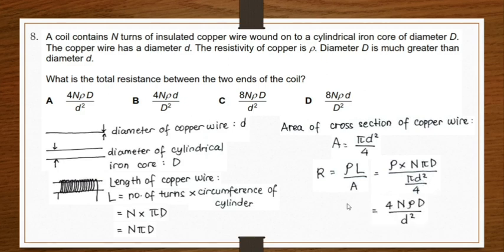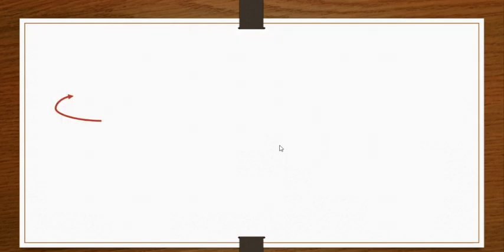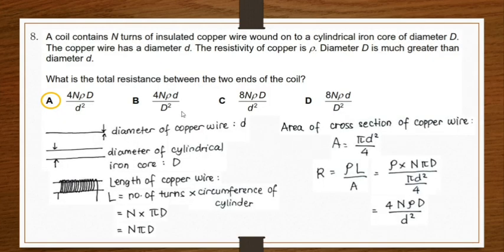So R will be equal to 4 N rho capital D over small d squared. We can cross pi out. The answer will be A.